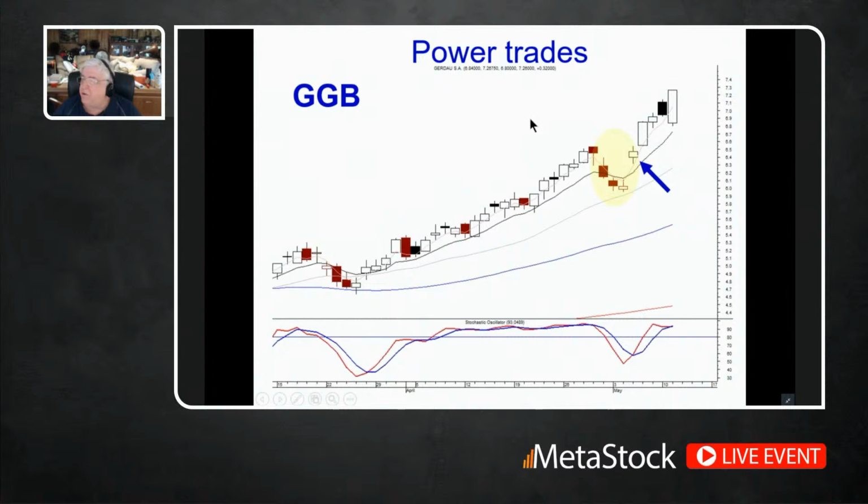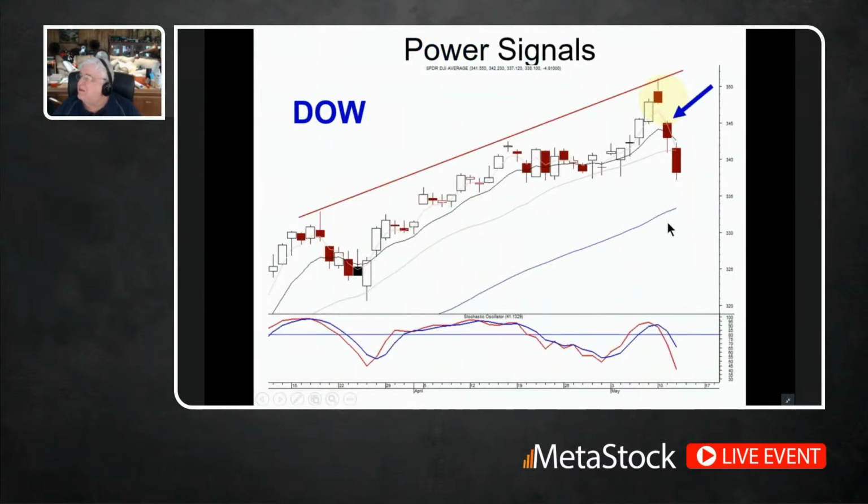Just high probability trades. So here's the Dow. Now we've been short a lot of stocks because the NASDAQ over the last 3 weeks started selling off. It did a sell signal and it was selling off, which was an unusual situation in most market conditions where the NASDAQ is selling off hard and the Dow is still heading up.